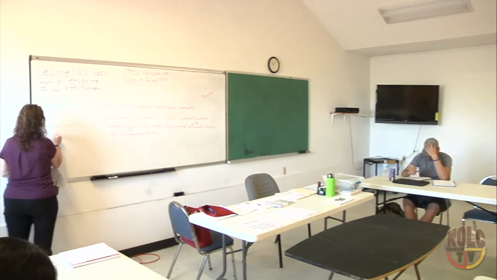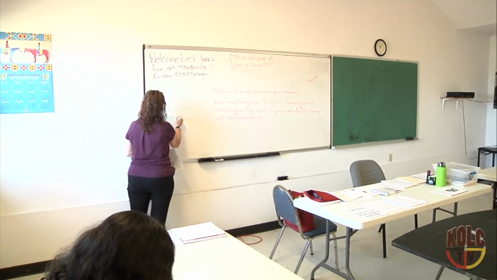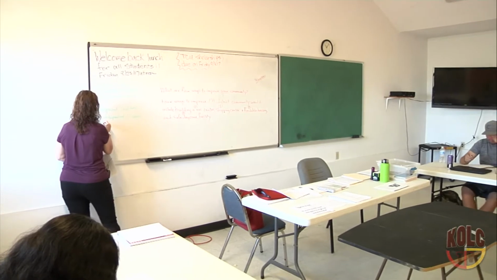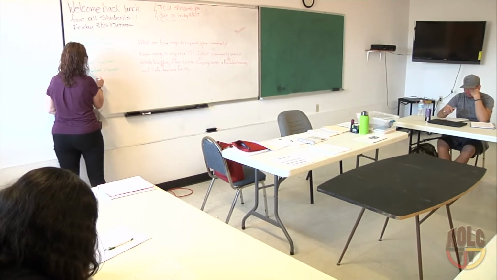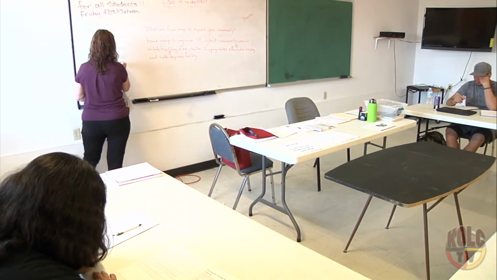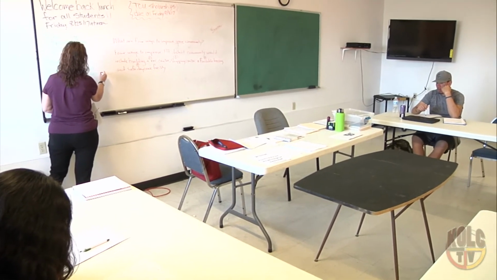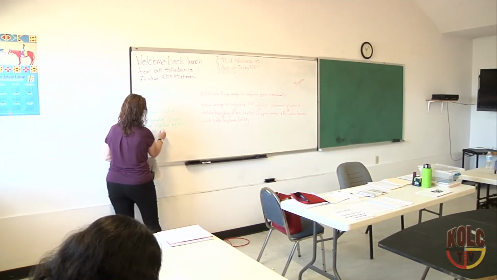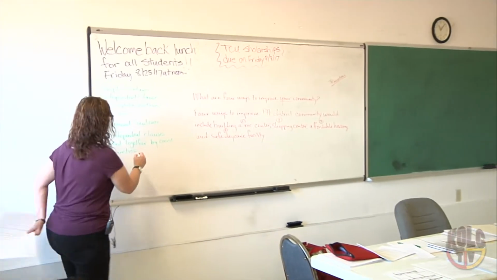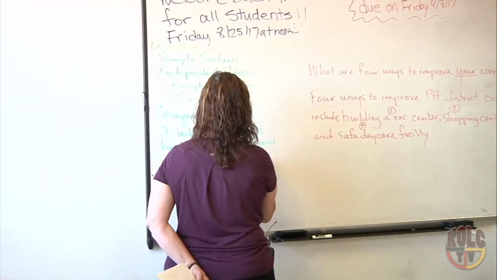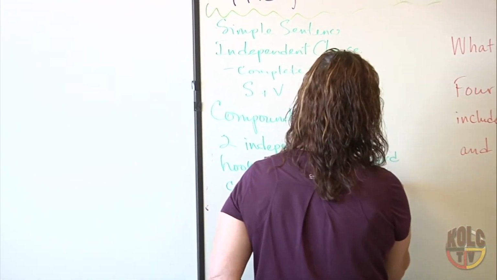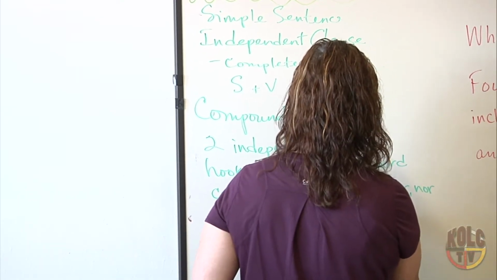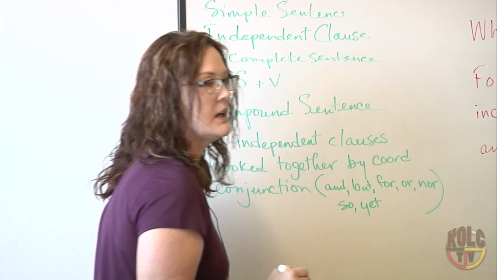So, two independent clauses put together by a coordinating conjunction. Okay? What are coordinating conjunctions? And, but, for, nor, so, yeah. Those are all coordinating conjunctions.